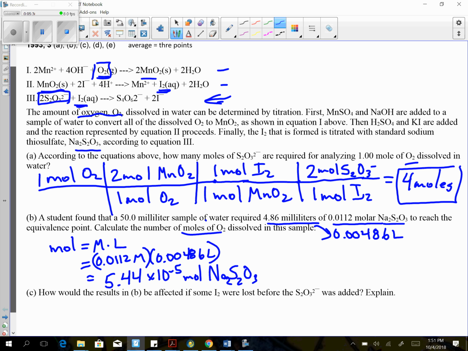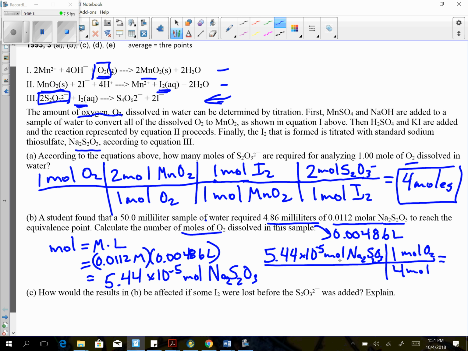How do we do that? We start with our moles of thiosulfate and use the mole-to-mole ratio. Didn't you just figure that out and simplify those three reactions into one little ratio a second ago? So I know that for every 4 moles of my thiosulfate, I have reacted 1 mole of oxygen.